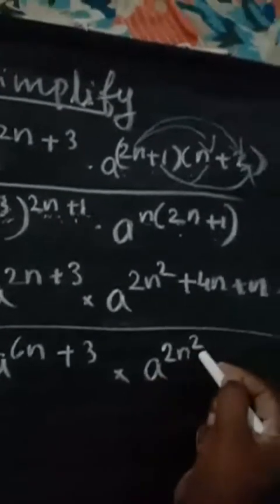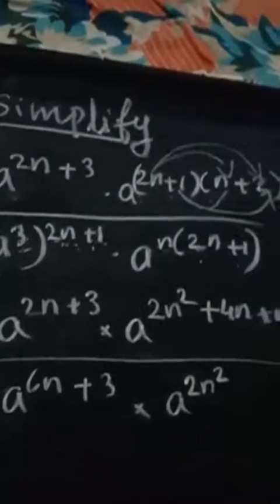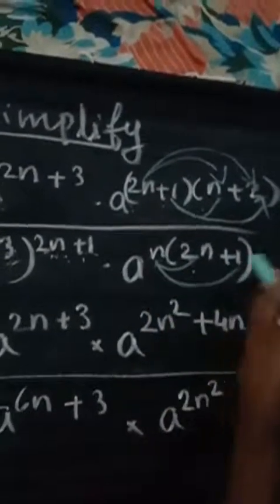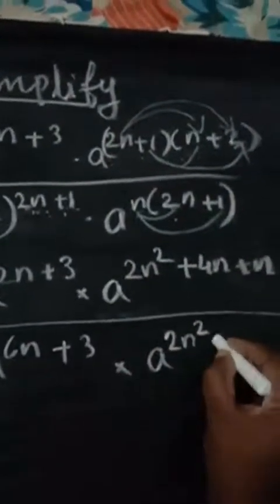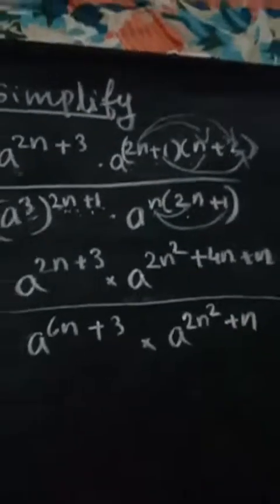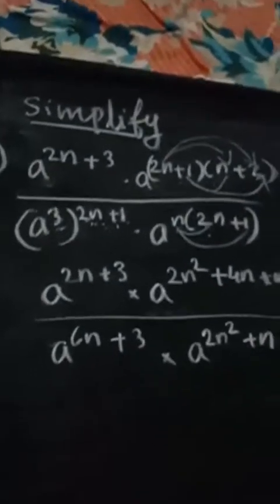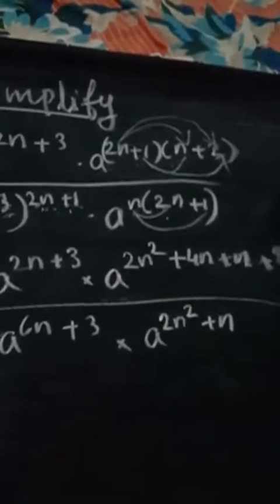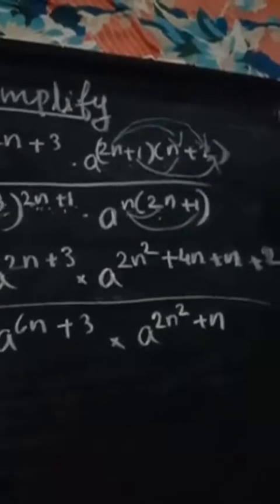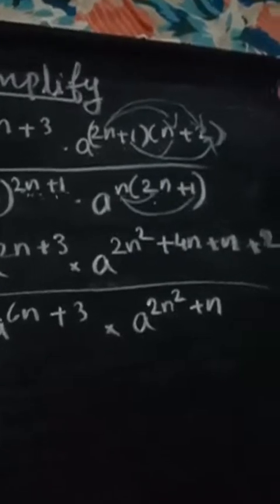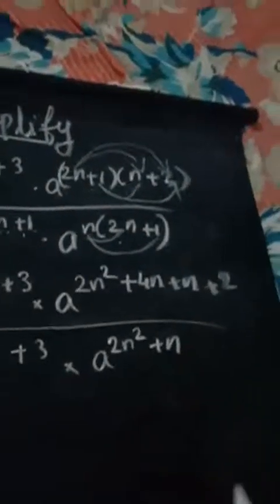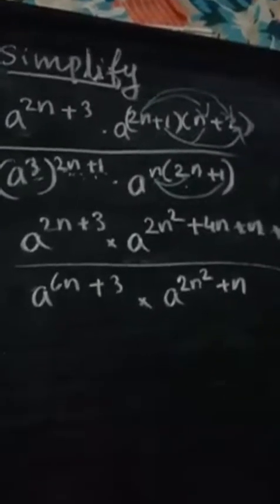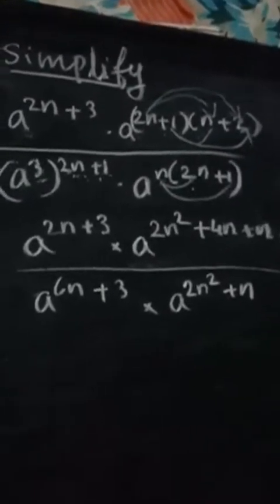N into n is n square, 2 times. Okay, n into 2n, then n into 1. Okay, n into 1 is n. Clear? So a raised to 2n plus 3 into a raised to 2n square plus 4n plus 1 into n plus 2, divided by a raised to 6n plus 3 into a raised to 2n square plus n.